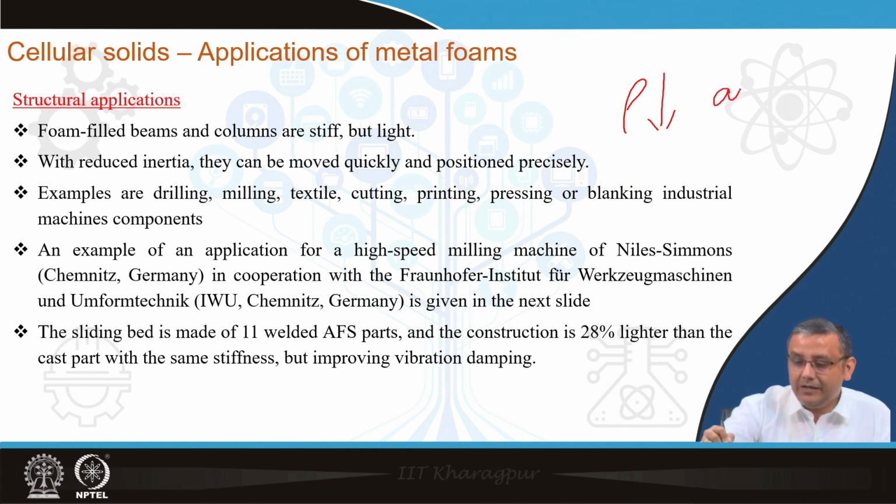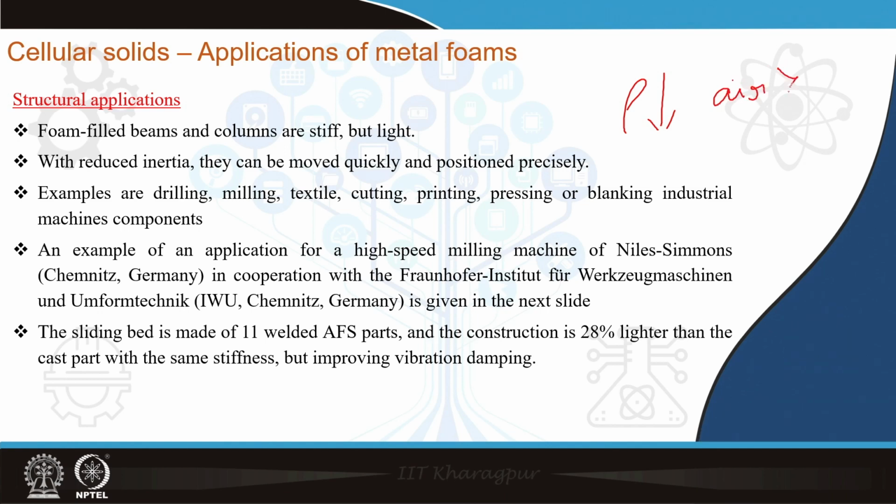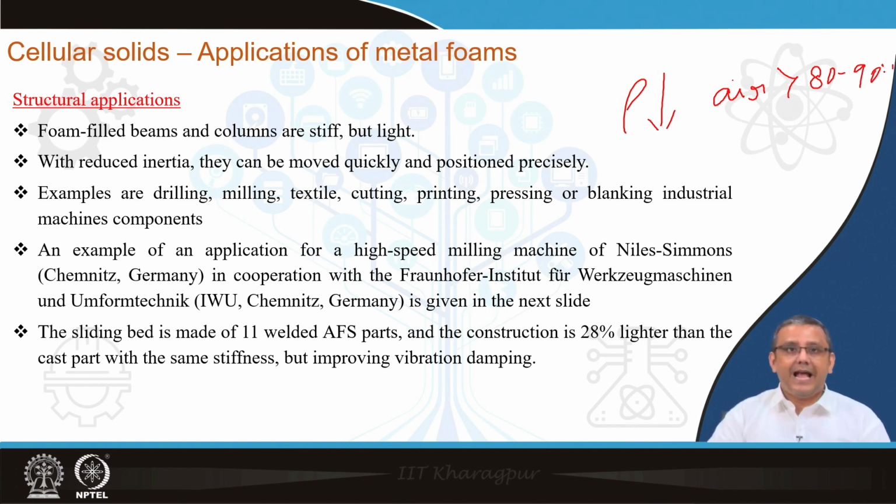The air content or porosity can even be more than 80 to 90%. That is why cellular solids have a large amount of air, and this leads to the very low density of cellular solids.